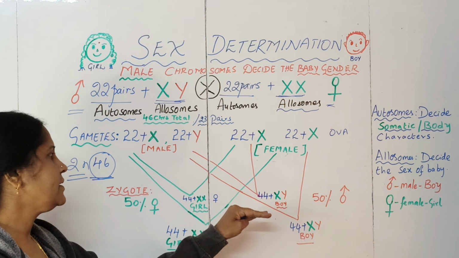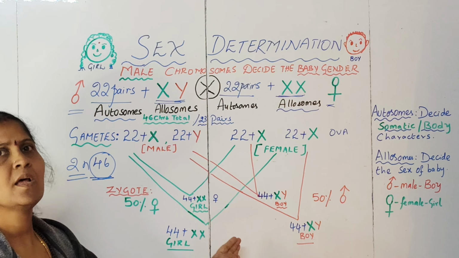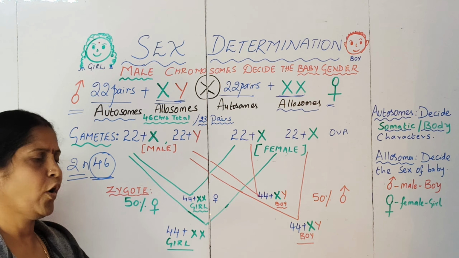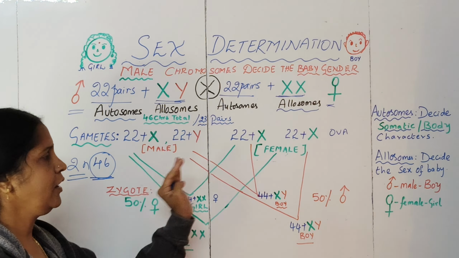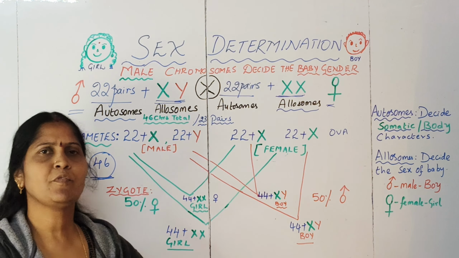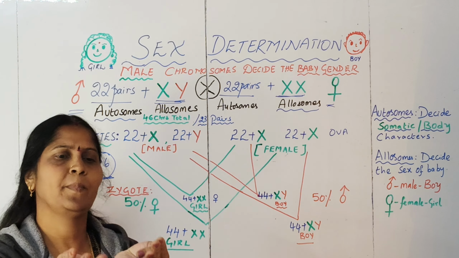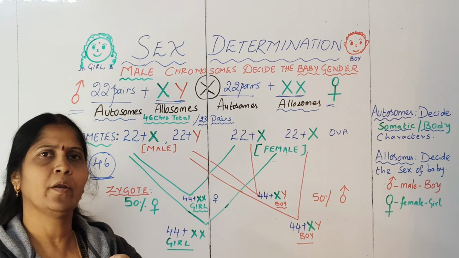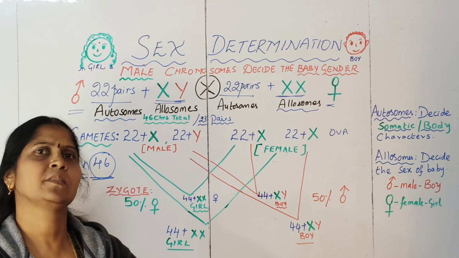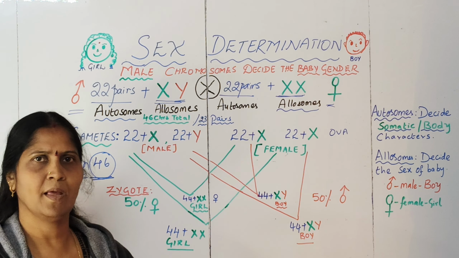So like this, there is a 50% chance that the child that will be born can be female or it can be male. So when a baby is to be born, there is a 50% chance that it can be male or it can be female.